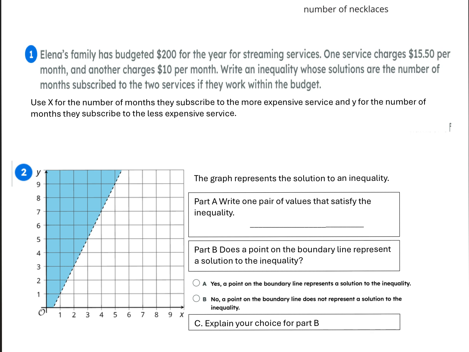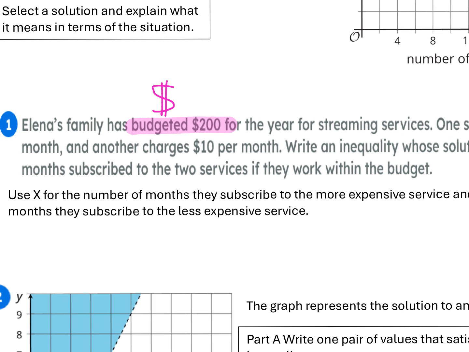So for number 1, it says that Elena's family has budgeted $200 for streaming services. Remember what we mean by a budget. That is how much money you have. In real life, you can go above your budget, but we are going to assume here in math class that you can't.